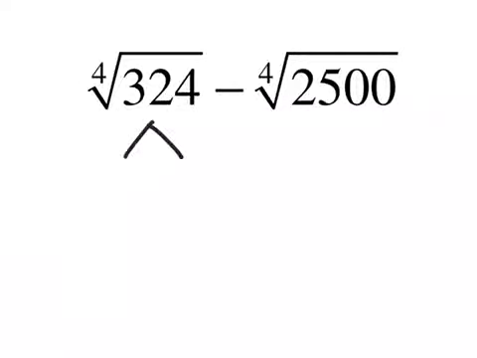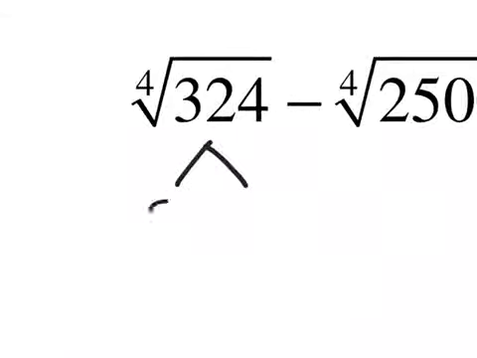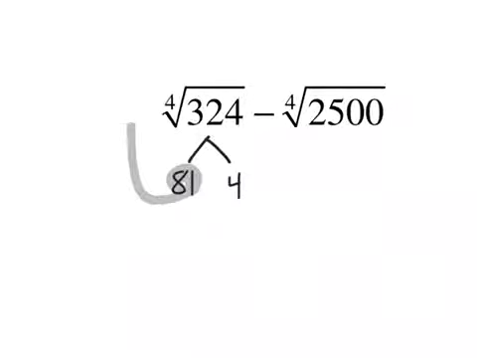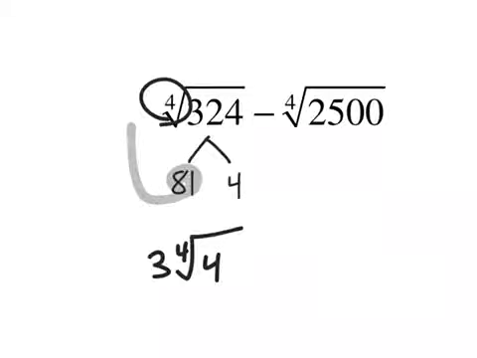Once again, I got that from just trying 324 divided by 81, and 4 is left over. Then we're going to fourth root the 81, right? So not the square root for a 9, but this is a fourth root. So we'd have 3, because that's the fourth root of 81, with a fourth root of 4 left over.